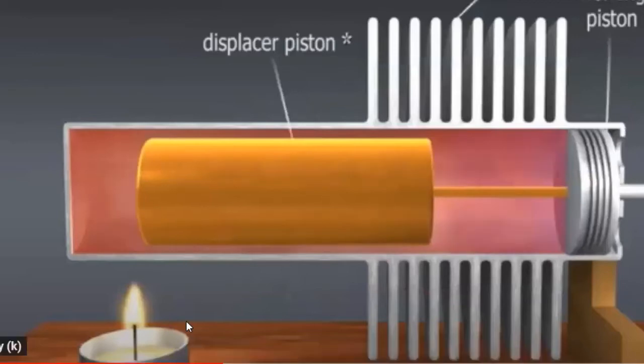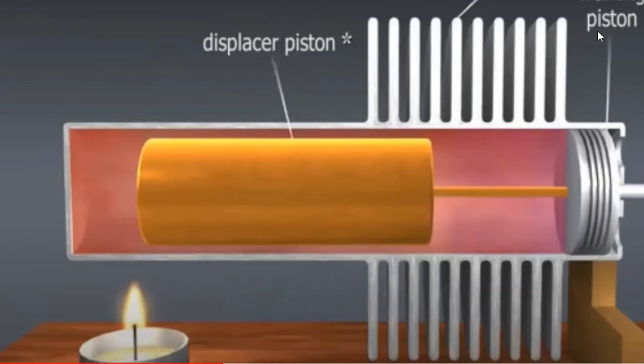Now, let me explain how the Stirling engine works perfectly. As I told, there is a regenerator. That regenerator is connected to the top of the cylinder. Now the piston shape itself is completely different in the Stirling cycle. You can observe there are two pistons over here with the same connected shaft.